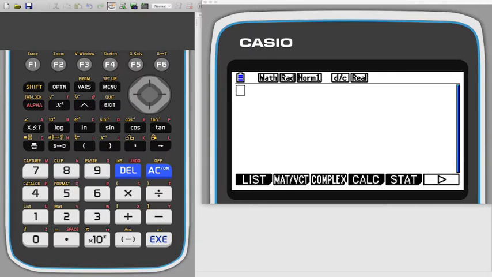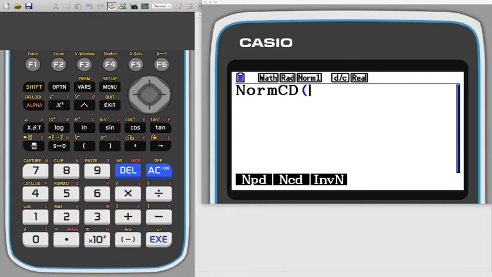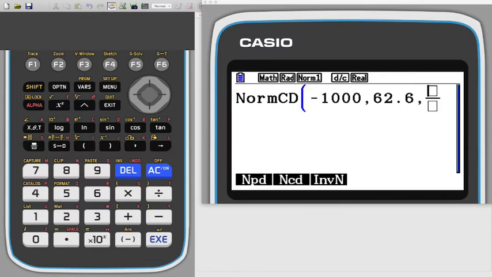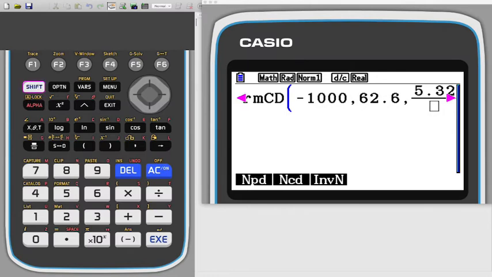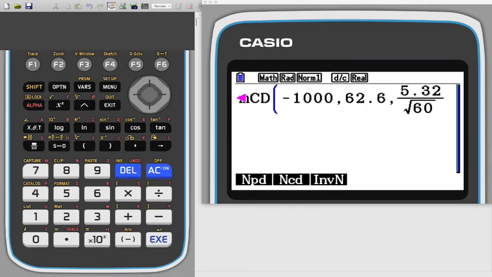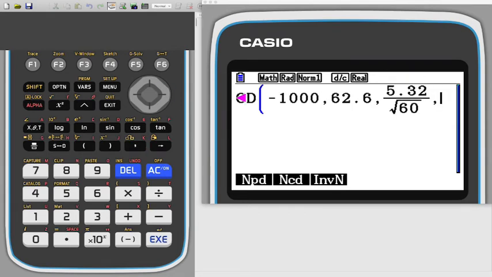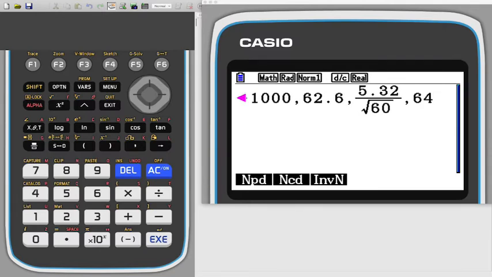Option, stat, distribution, normal, NCD. For the parameters, the lower value will be minus 1,000, so we just need a very negative low value, comma, 62.6 is the upper bound, comma, the standard deviation here would be 5.32 over the square root of 60, comma, and we'd have to put in the mean, which is 64. Enter.